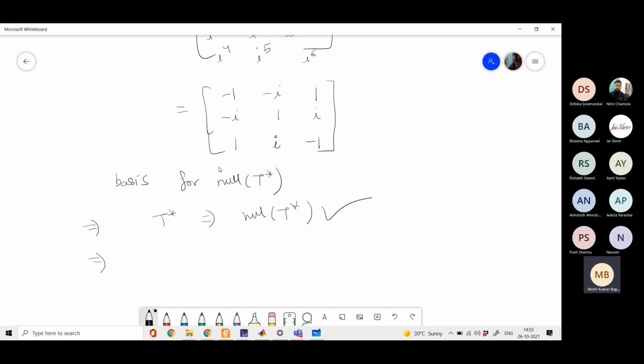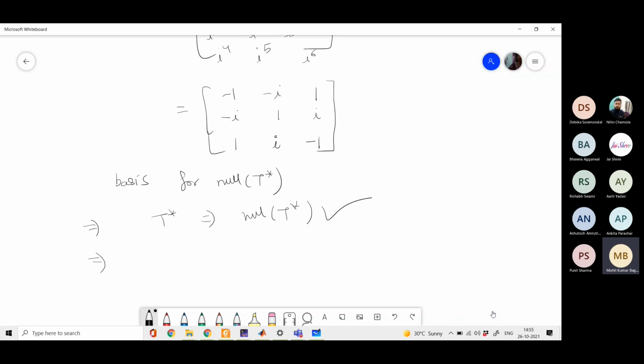Can you use any of the identities that you have proved in question 3? The range of T, complement. Yes. You can find the range of T and then just find the complement. Whichever way you find easy, you can do that. Okay, in that way you can do this problem.